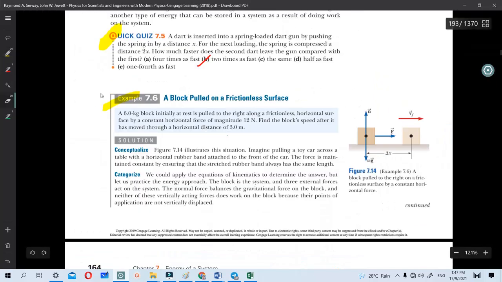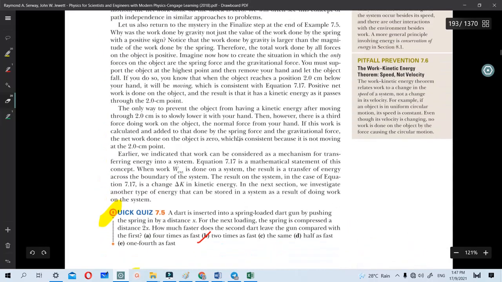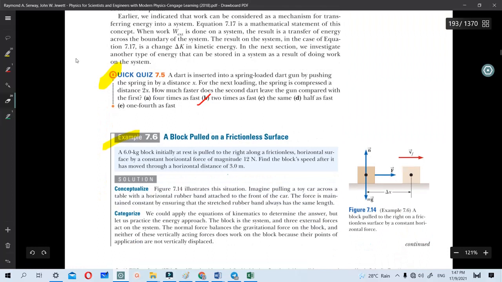That's it. Now we are going to look at example 7.6, but let's say that you are referring to other books as well. You will find that this is another term used by other books: work net, work total.